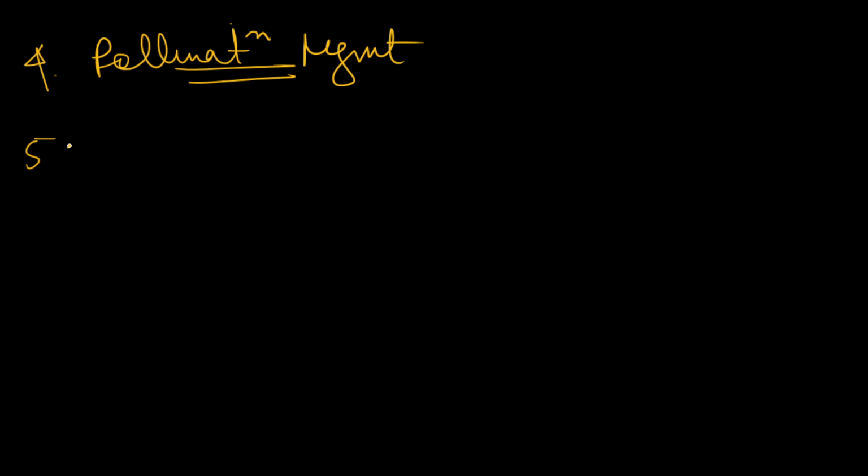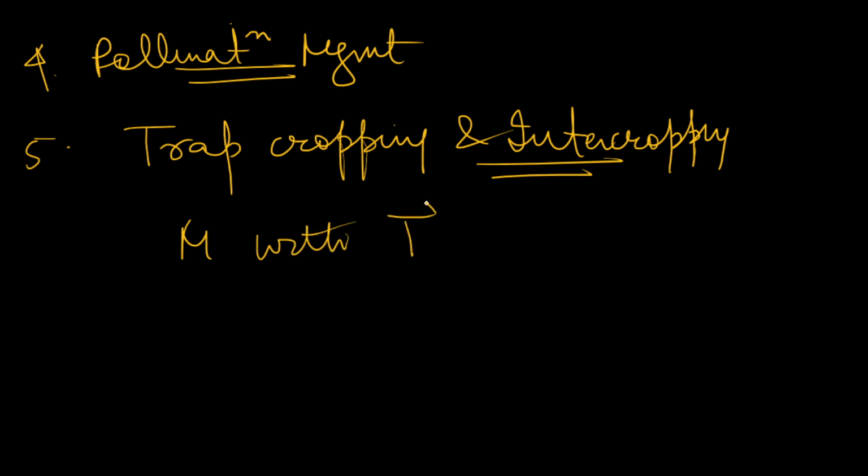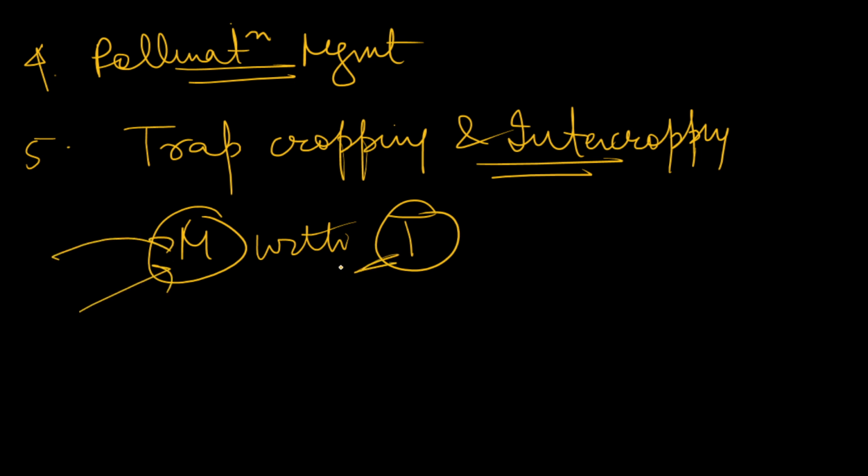You can also mention trap cropping and intercropping. Here other crops are used to trap the insect. Suppose we are using marigold with tomato, for example. The insects start preferring marigold and the tomato is protected.